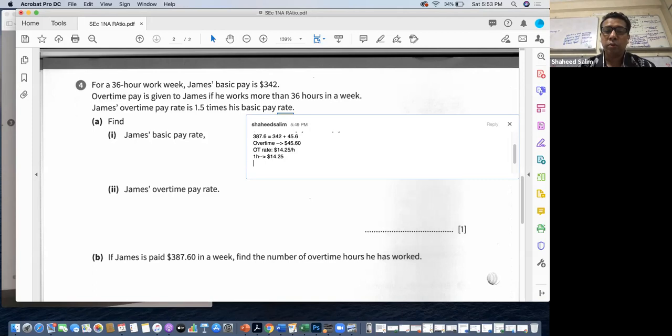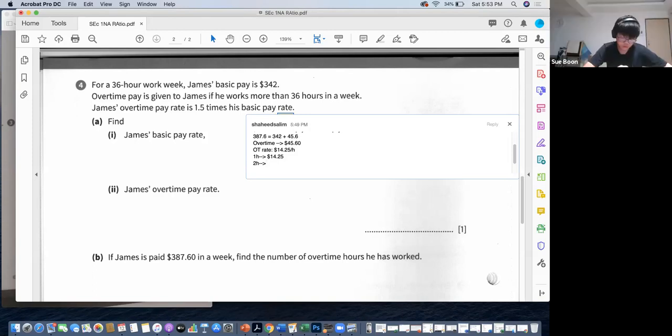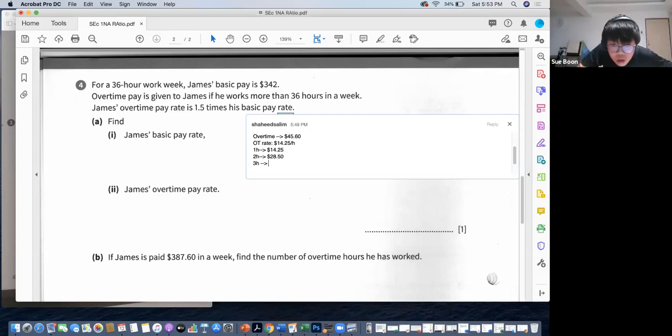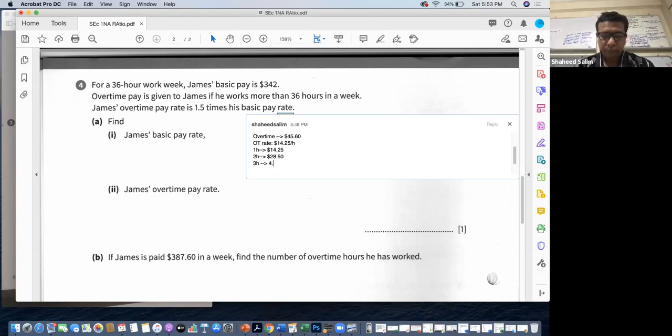You times by 2, you get $28.50. Yeah, getting closer. 3 hours, times 3, how much do you get? $14.25 times 3 is $42.75.